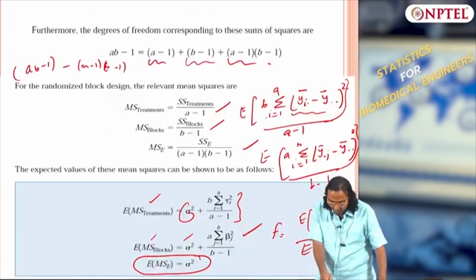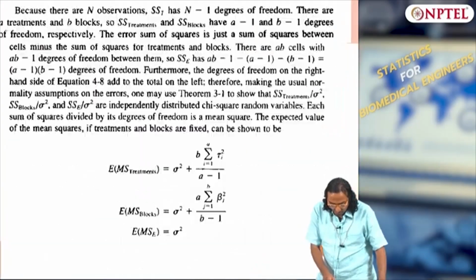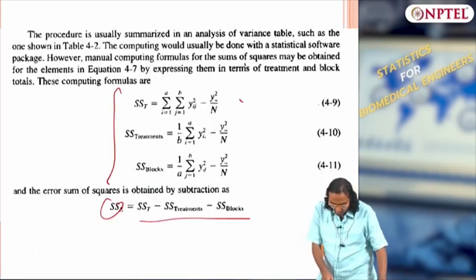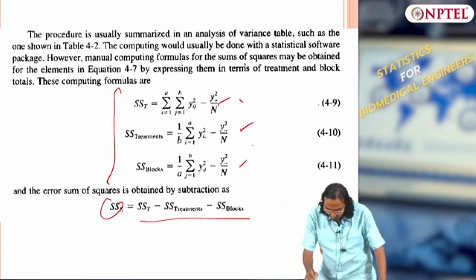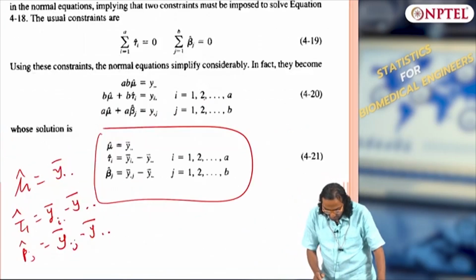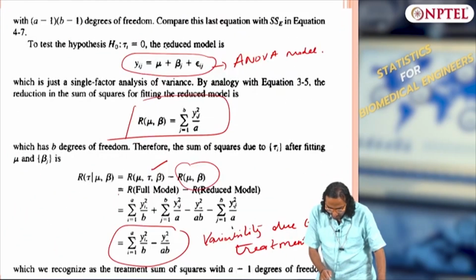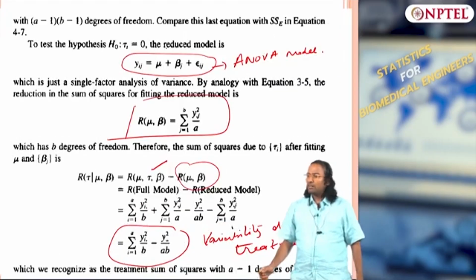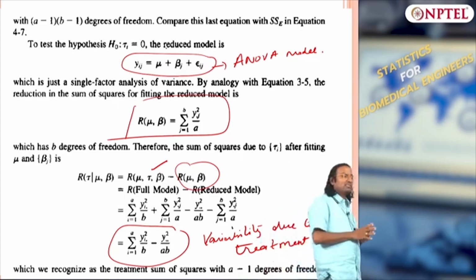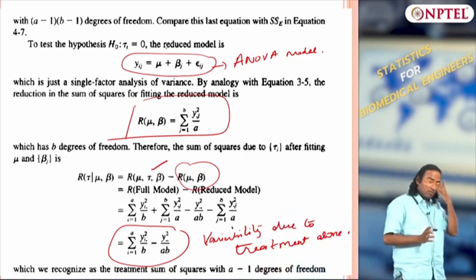Look at this, sum square treatment, sum square block, sum square error. Now I have given how to even calculate that. This is sum square treatment, sum square blocks and sum square error. How do I get this? We have derived everything here. So nothing untouched. So this is RCBD, okay.